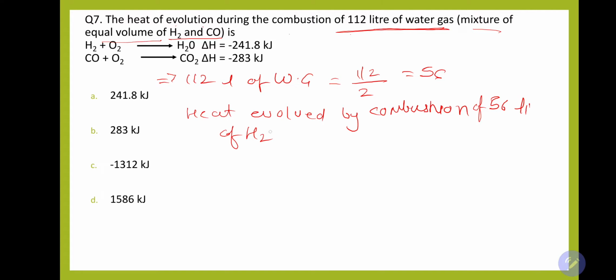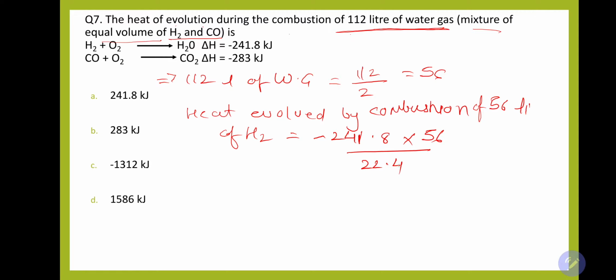So how much heat is evolved during the combustion of 56 liters of H2? What is the heat given for H2? It is minus 241.8 into the volume, that is 56 upon 22.4, as for 1 mole it is 22.4 liters.